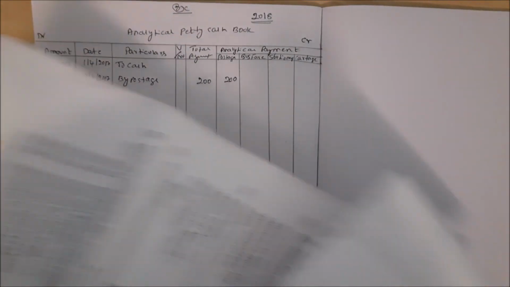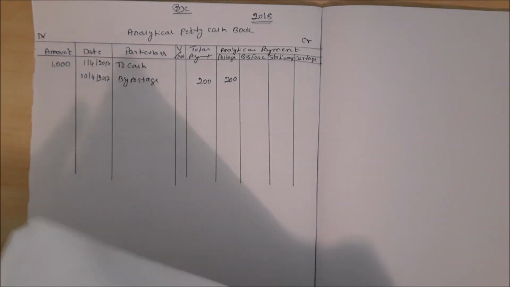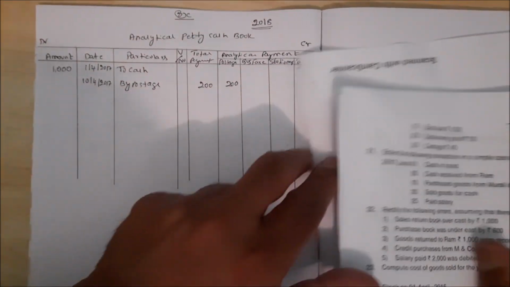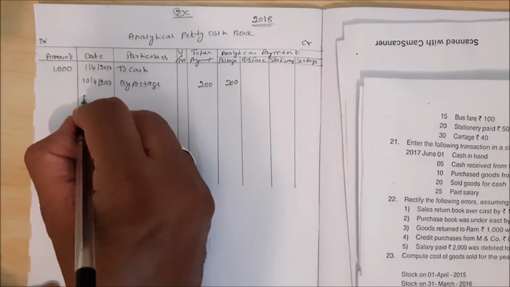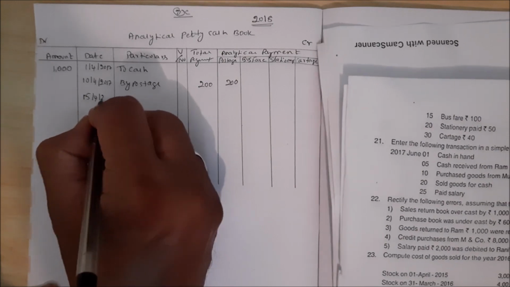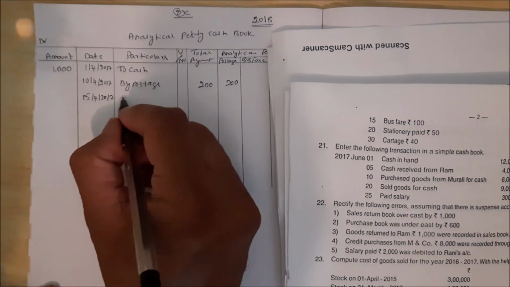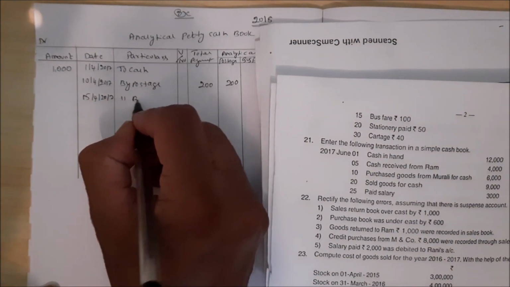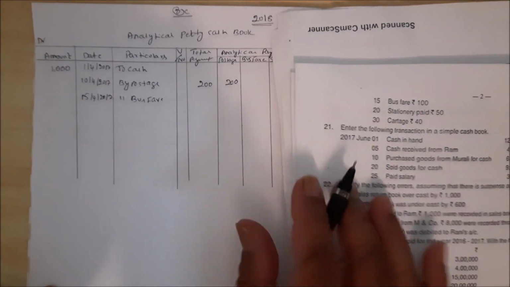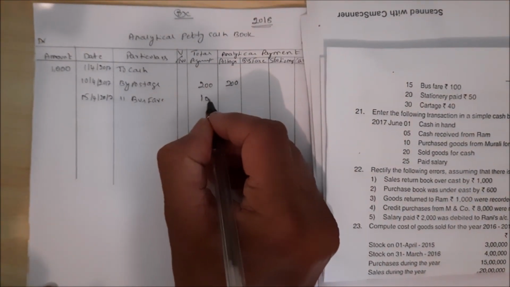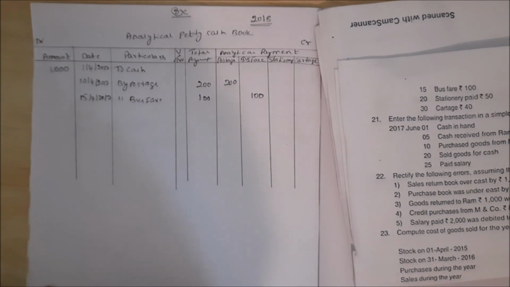Next, as per the question paper, we are dealing with 15 April 2017, we have paid bus fare. By bus fare, how much is it? 100. Total payment 100. Then bus fare or conveyance is one and the same.